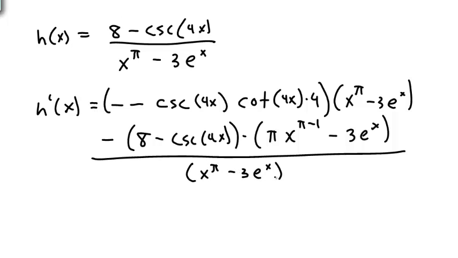What's that you say? This is hideous and ugly? I'm inclined to agree with you. I'm also inclined to think that we can leave this the way it is. Okay, the two negatives can make a positive.